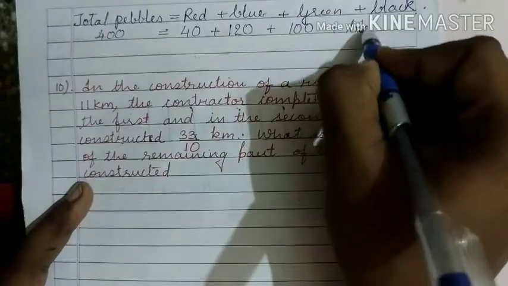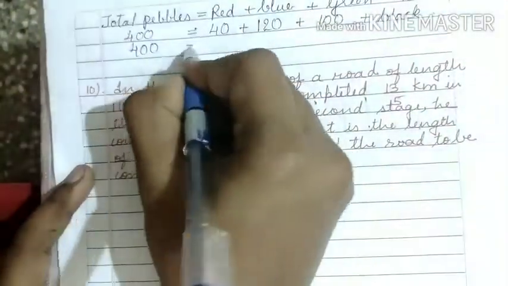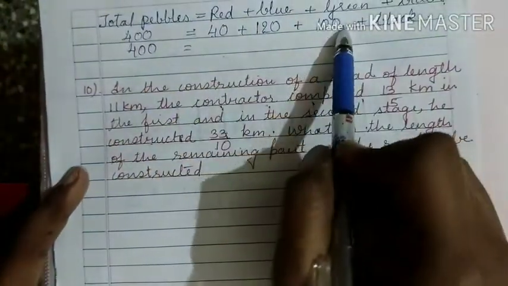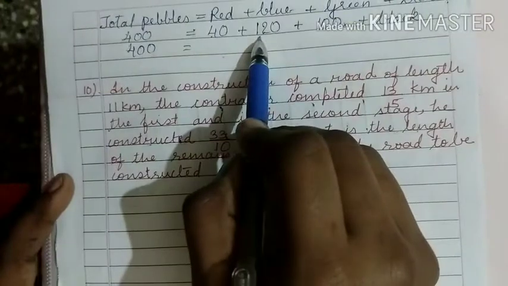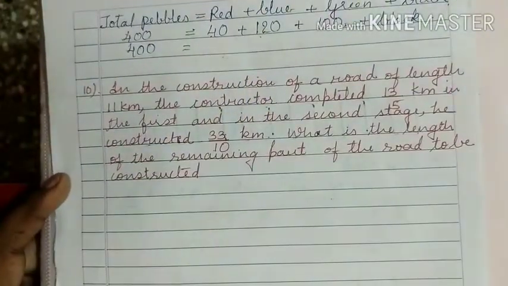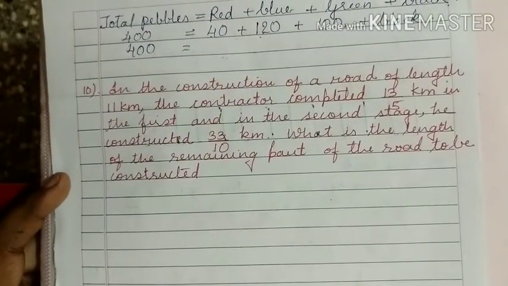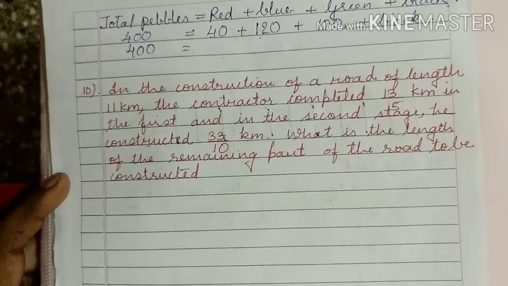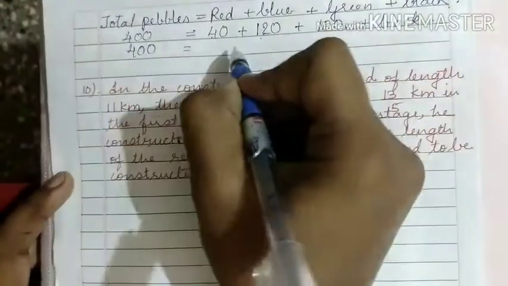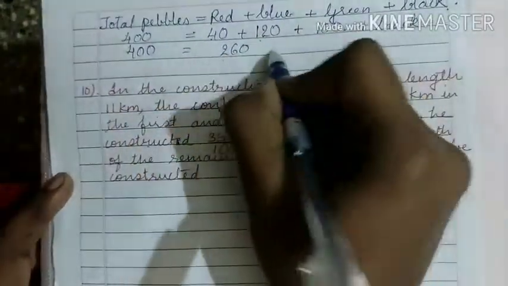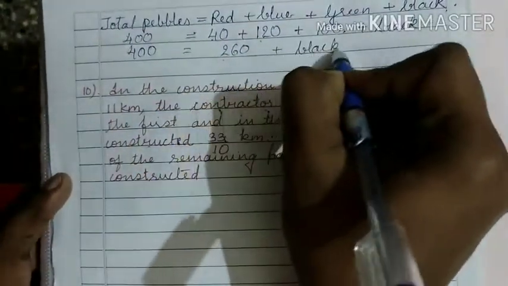So here we need to find the black pebbles. 400 is equal to, add all these three numbers, how much will you get? 120 plus 40 plus 100, you will get 260 plus black.